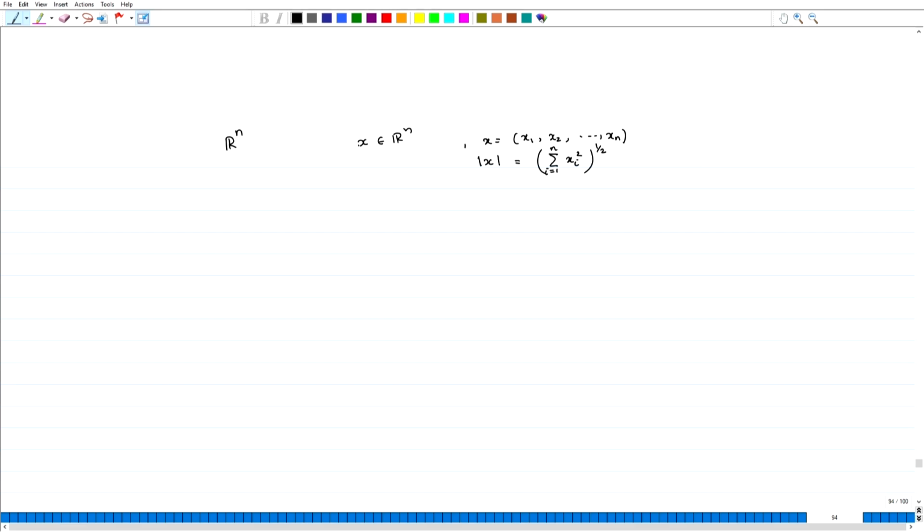Now, we would like to define what a polynomial looks like in the multivariable.